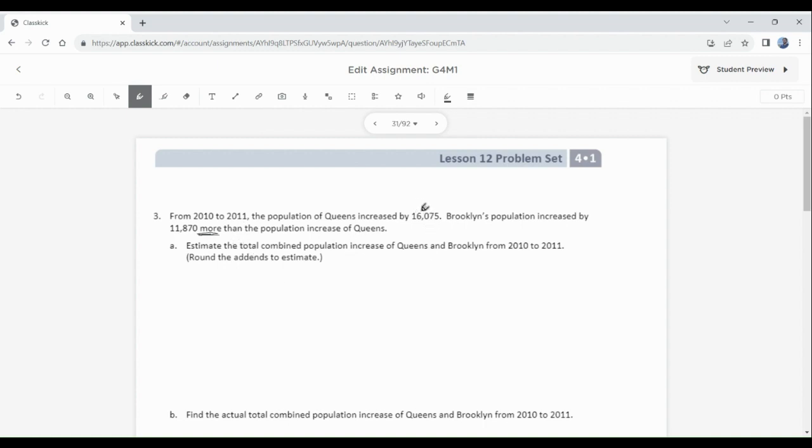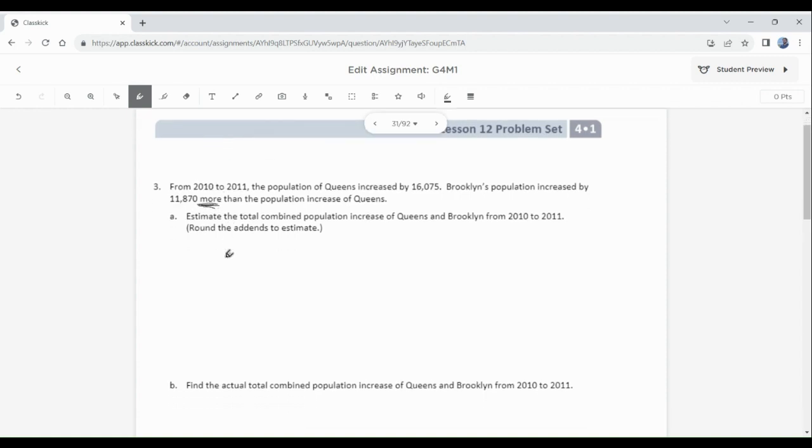A lot of times what students will do is they'll see this number and say, oh, that number belongs to Queens. Oh, I see this number, that number belongs to Brooklyn. Let's just add them together. We need to make sure that students understand that this word more sort of accounts for the population increase of Queens and this much more.